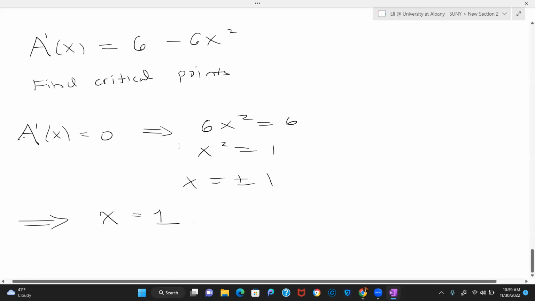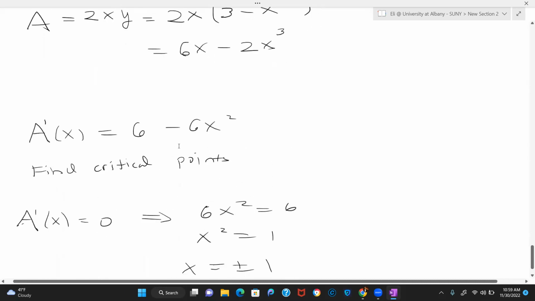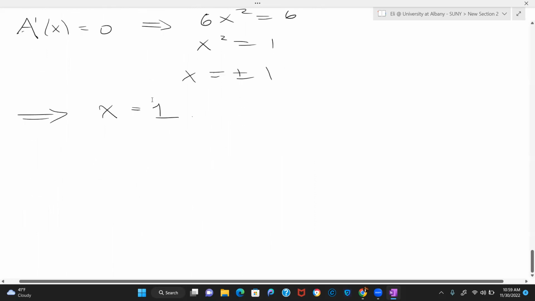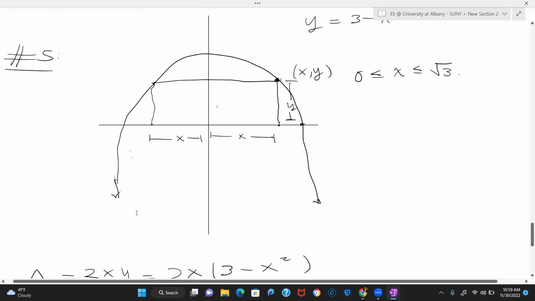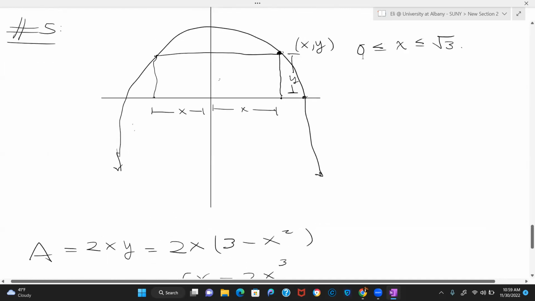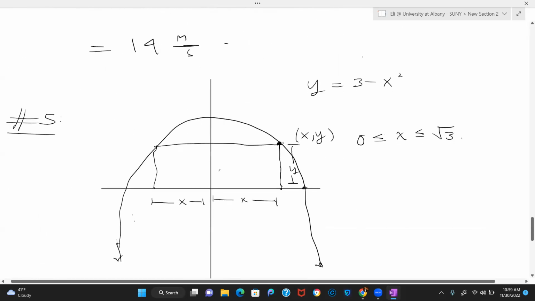Now you do have to check. Remember, when you're trying to find the maximum value of a function on a closed interval, you need to check the critical points and the endpoints of the interval. If x is 0, it's going to give you 0 area, and if x is square root of 3, it's also going to give you 0 area.